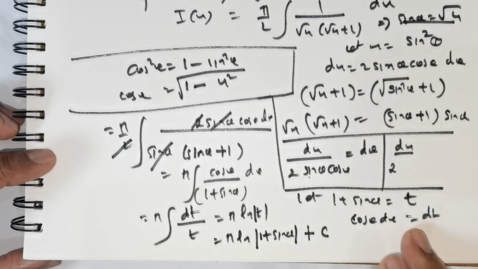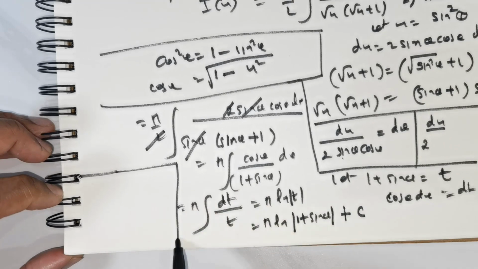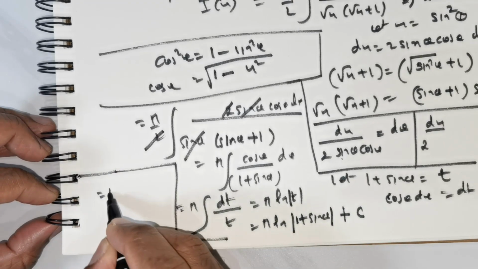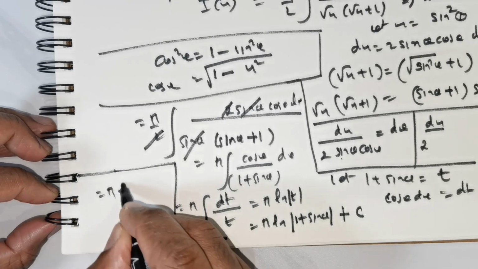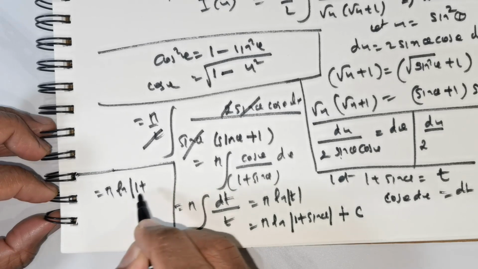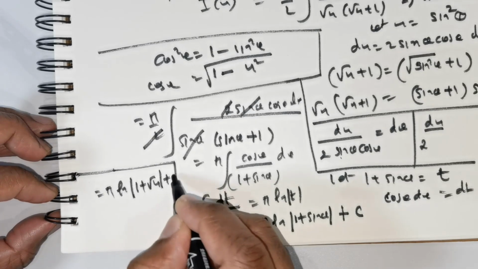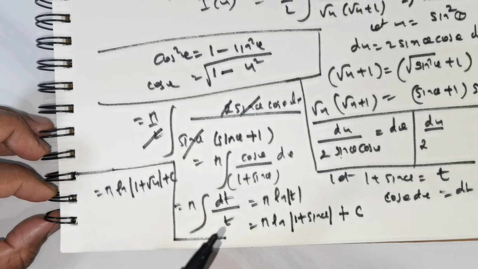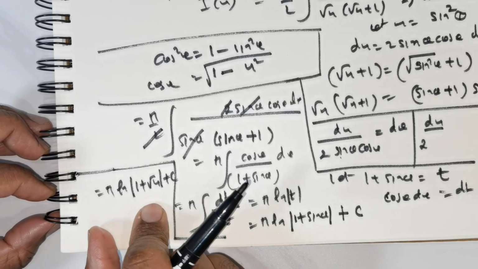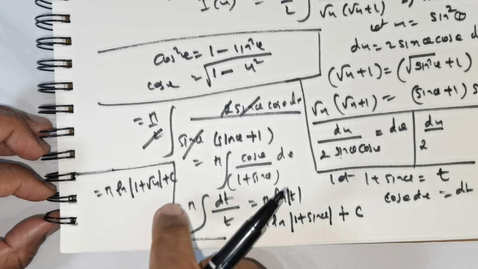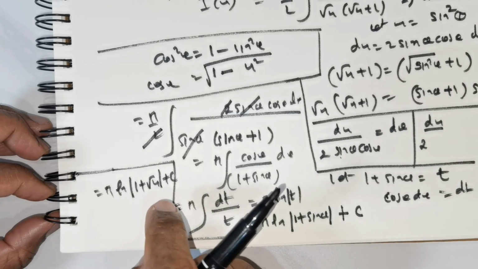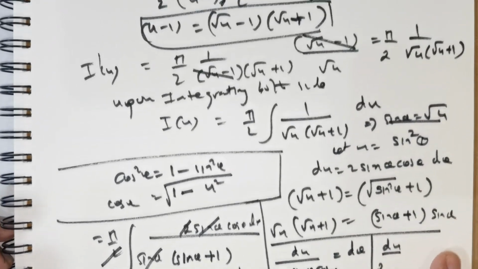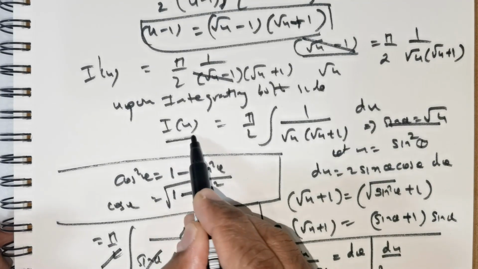That is important for us, because without that we wouldn't be able to find the value of c. So this is going to be pi times ln modulus of 1 plus root of u plus c. This is modulus. You need to place the mod sign. So this is what we have got, right? But we need to get the value of c. Getting the value of c is important. Now what is on the left hand side? The left hand side is I of u.